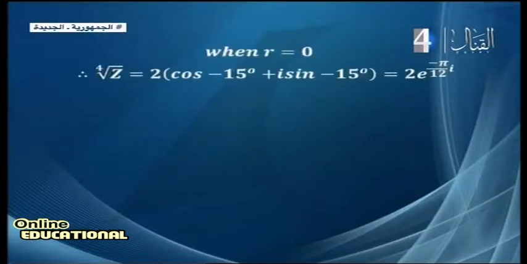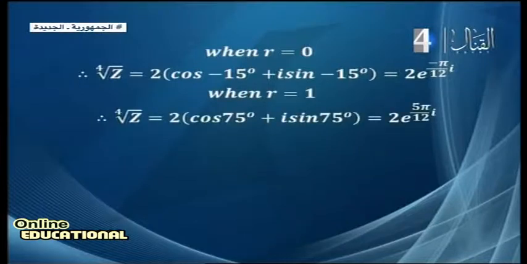When r equals 0, the first solution is 2e power negative pi over 12 i in exponential form. Don't forget pi equals 180. When r equals 1, by substitution, z2 or the second solution is 2e power 5 pi over 12 i.